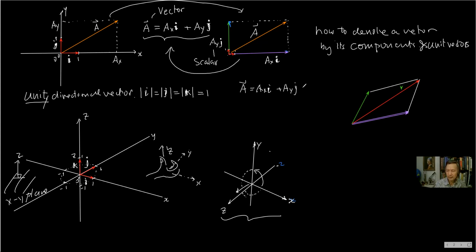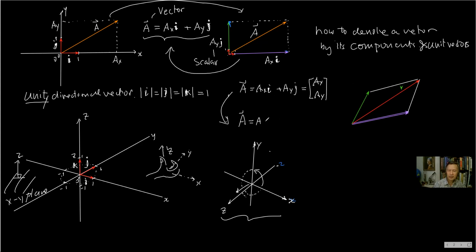Alternatively, if you have studied some matrix notation, you can simply write that as the components AX and AY. Then in this case, you don't have to write the I and J. So that's a different notation. Now, expand this idea from the 2D. So if you go to 3D, that is what we just encountered at the beginning of this talk, right?